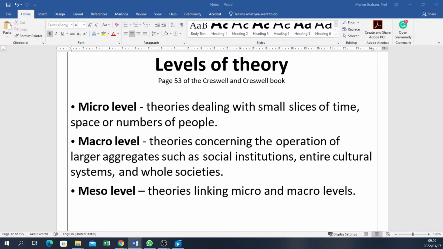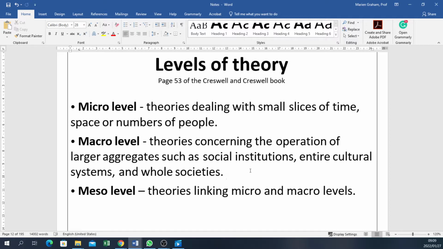So what is macro? So macro, we obviously move up. Macro says theories concentrating on the operation of larger aggregates such as social institutions, entire cultural systems, and whole societies. What's the example from macro level? That would be the government, or school districts, or teacher unions.